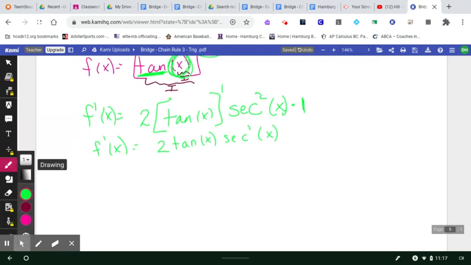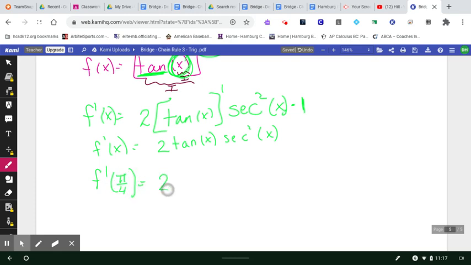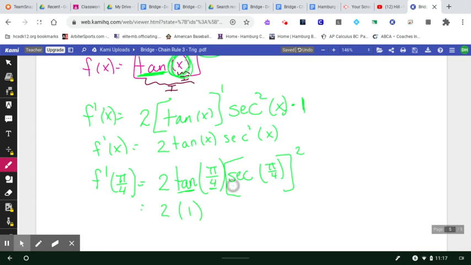All right, so this is where that trig is just going to come back and back and back. Just got to know that table of values. So I have 2 tangent of pi over 4 times secant of pi over 4, squared. I'm always putting that squared outside. So picture that table of values. I need the tangent of 45, which we just said is 1. Now I need the secant of pi over 4.